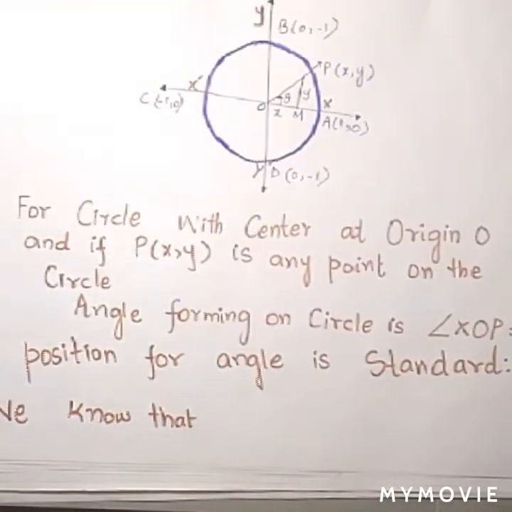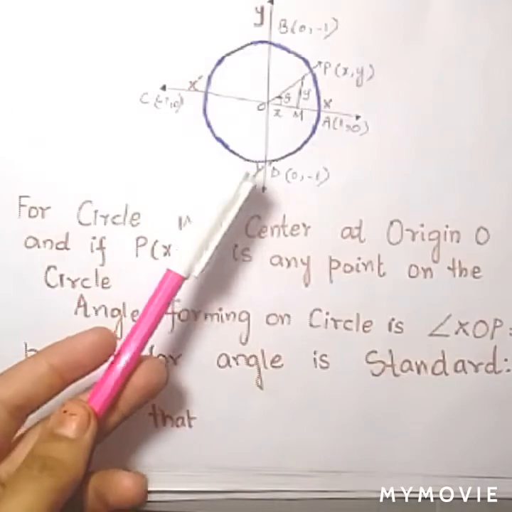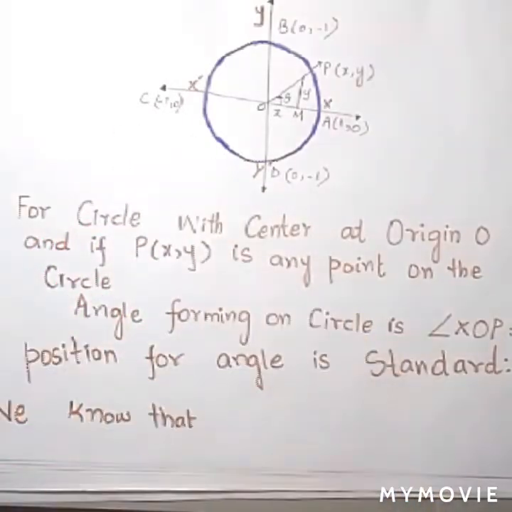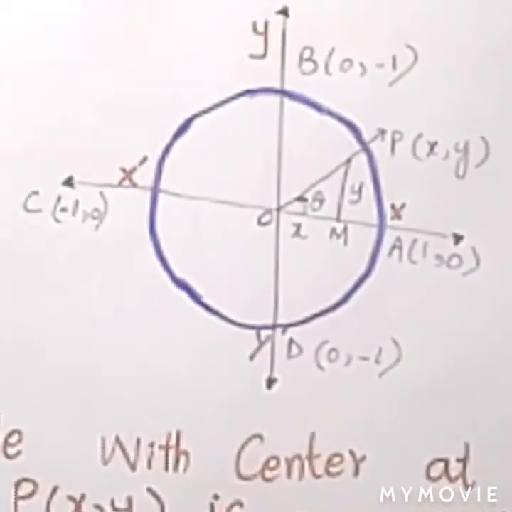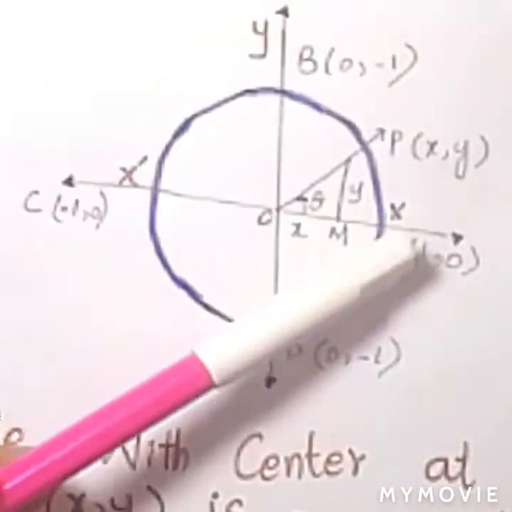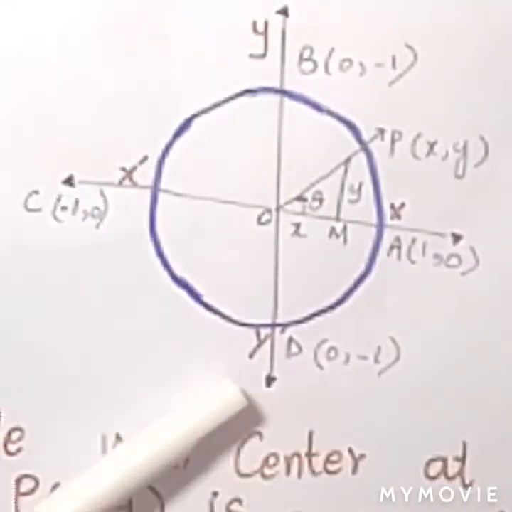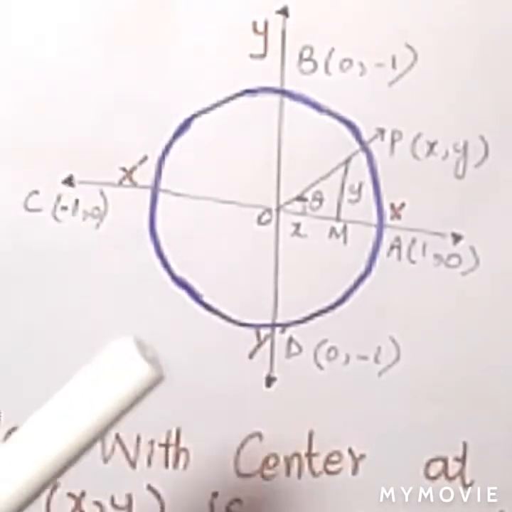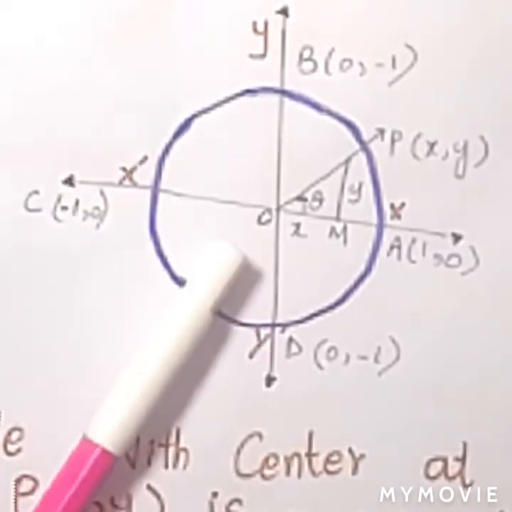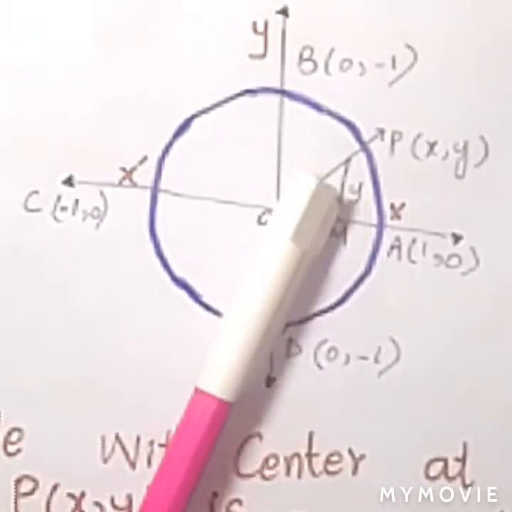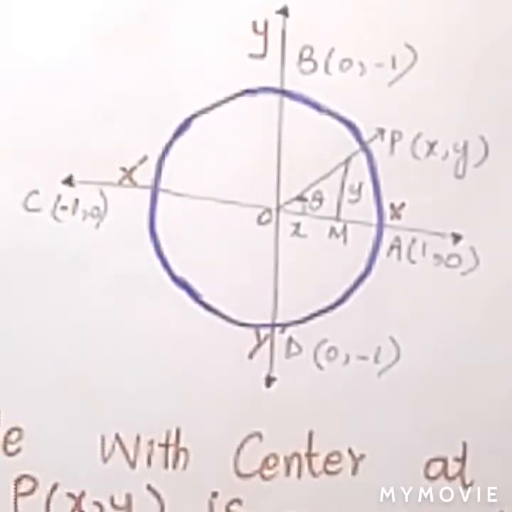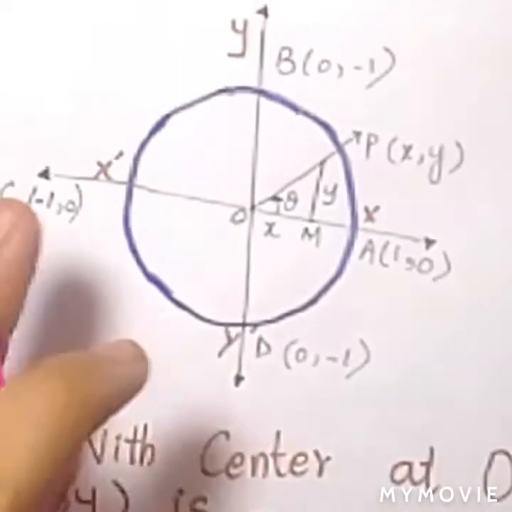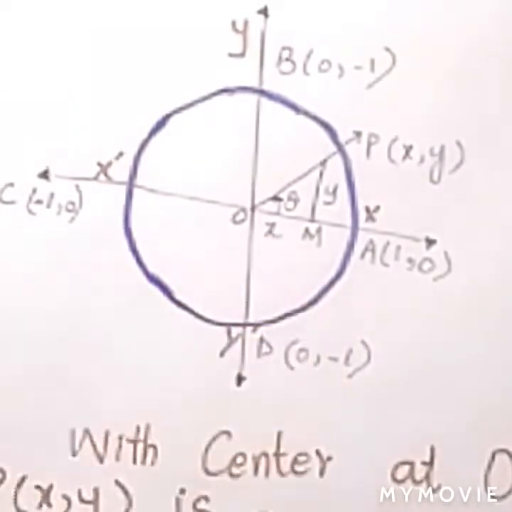First of all, I am considering a circle in a quadrant. If you focus on it, this is a circle with y and x axes, x prime and y prime for the negative axes. O is the midpoint. Similarly, we make an angle theta.